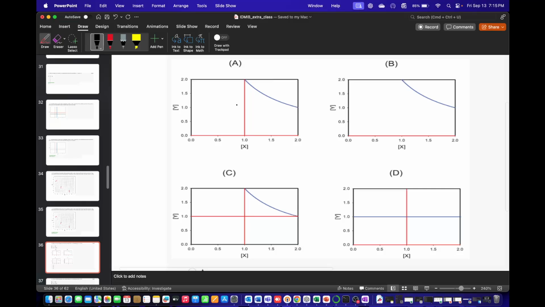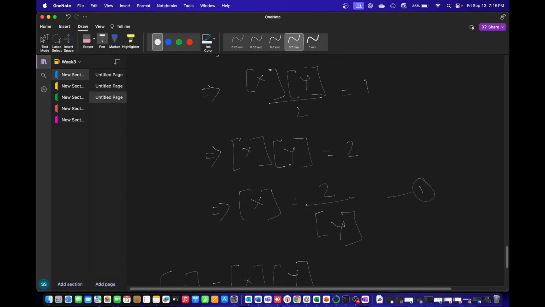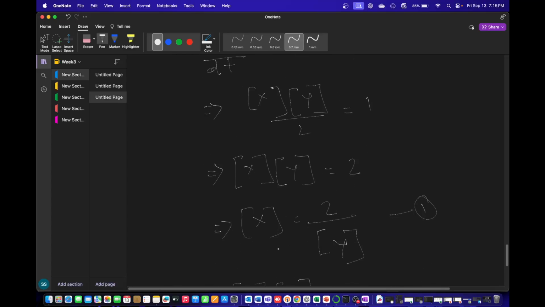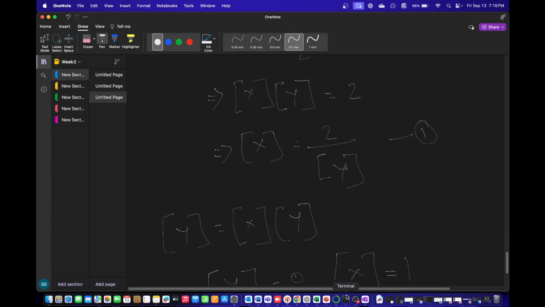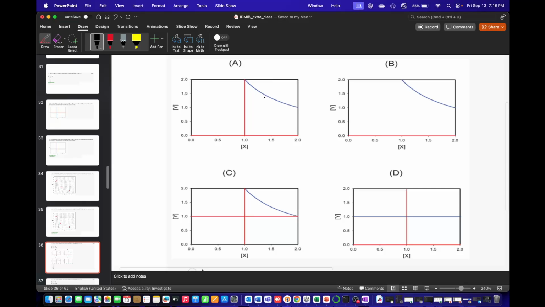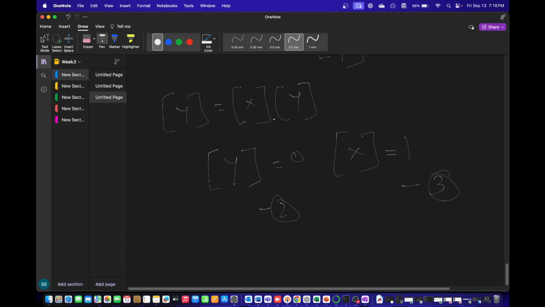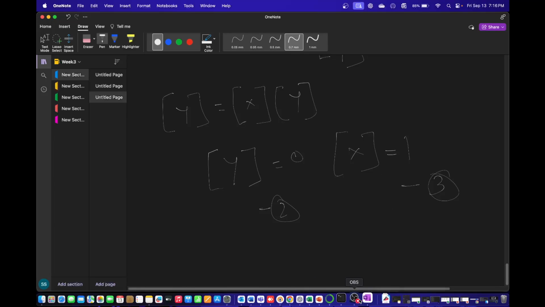So the first one is your x null line. From the x null line, x equal to 2 by y, so this is this blue line. From your y null line, you have y equal to 0 and x equal to 1. So y equal to 0 is the x-axis and x equal to 1 is parallel to the y-axis, right?